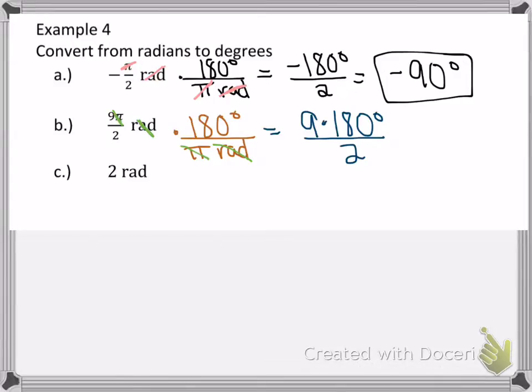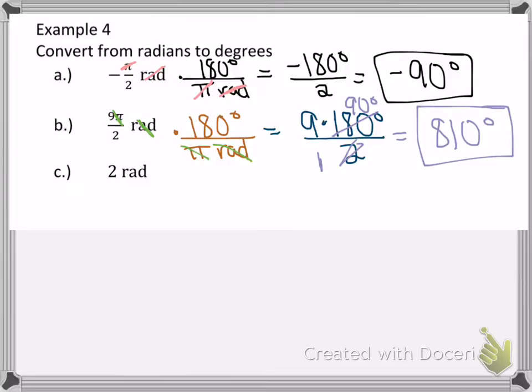I'm going to reduce before I multiply to make my life a little bit easier. So the 2 and the 180 can get reduced to be 9 times 90 degrees. Then I end up getting 810 degrees.